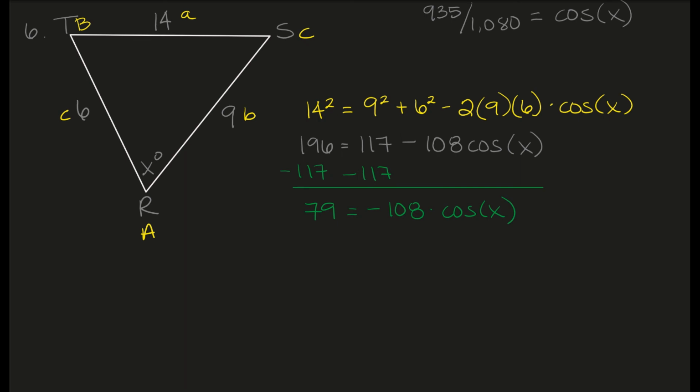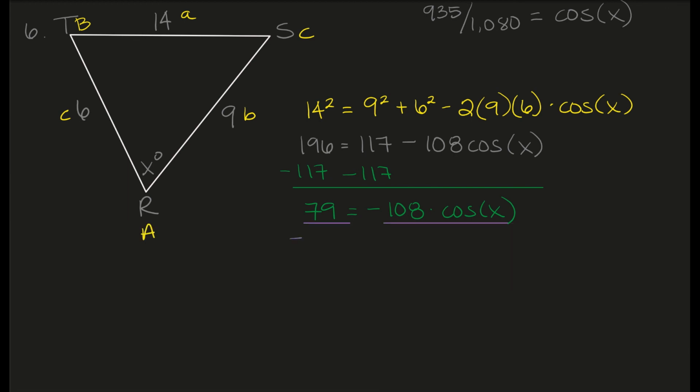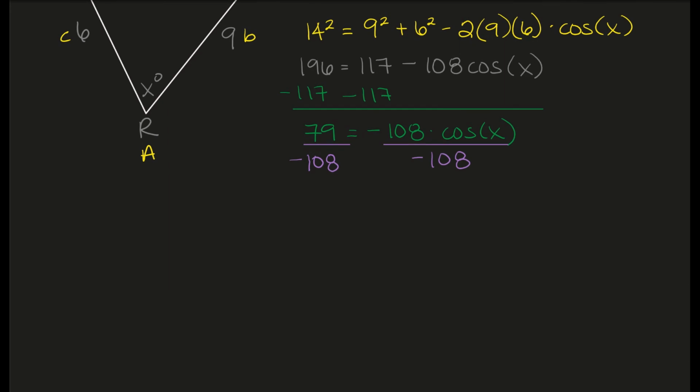We know we want cosine by itself, so we will have to divide by the coefficient that's in front. So here we'll divide by negative 108. So we have 79 divided by 108 equals cosine x.